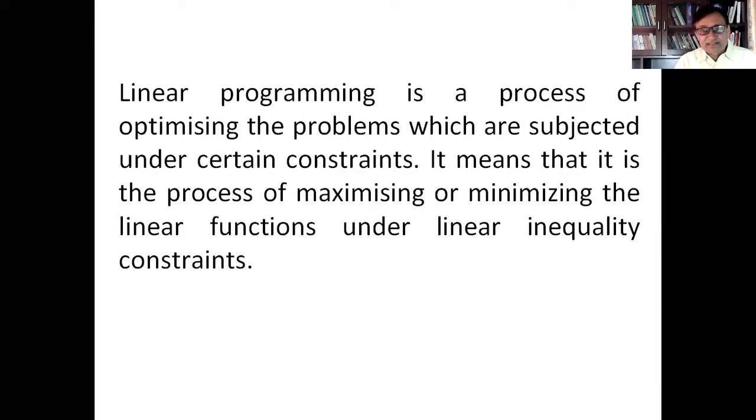You have different alternatives, but you have certain constraints also. That constraint may be related to time, to your labor, to your material, or to the number of units which you can maximally sell in the market. So linear programming is a process of optimizing the problem which is subject to certain conditions.